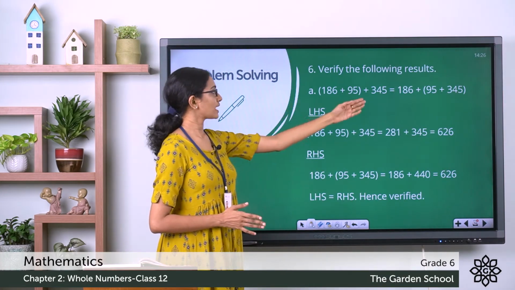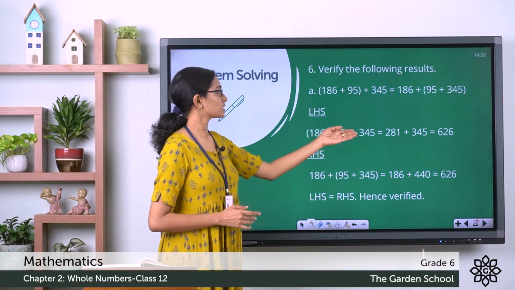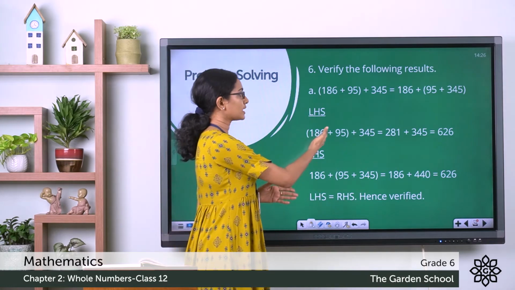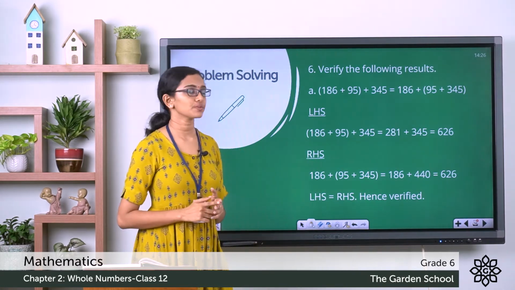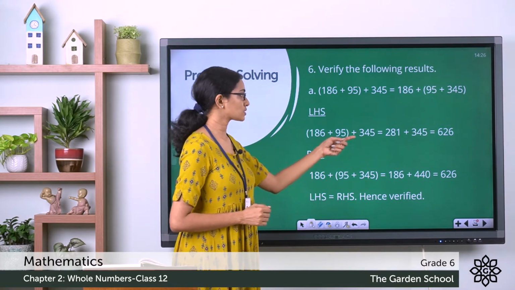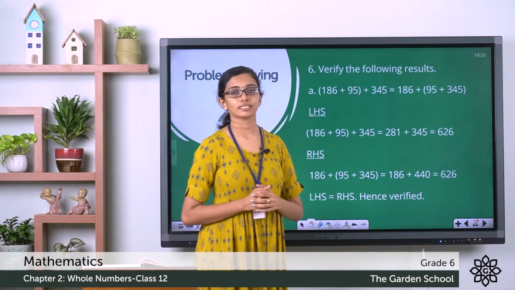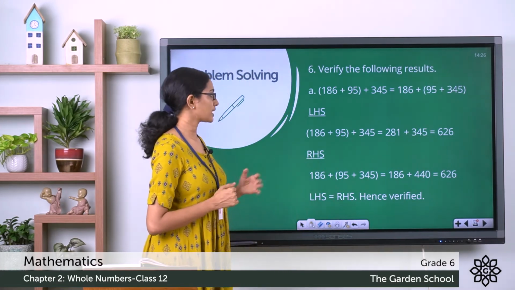So on the left hand side we have got 186 plus 95 plus 345. What is 186 plus 95? That gives you a sum of 281. That sum plus this 345 gives you a sum 626. Then the right hand side.